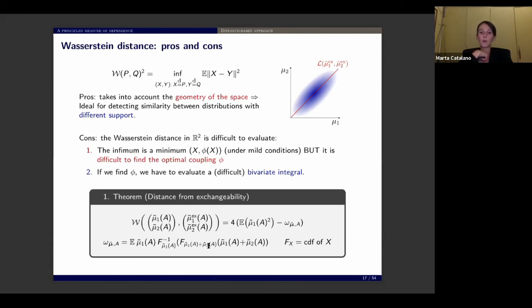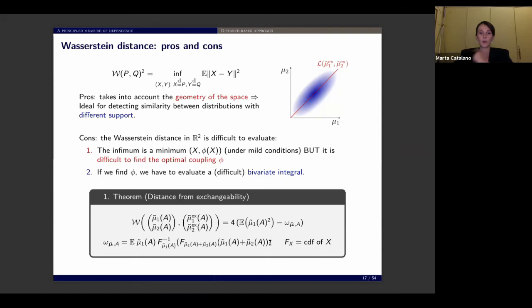For example, we can compute it under independence. But in general, this is too implicit, and in particular, it does not depend explicitly on the Levy measure. And so this prevents a concrete computation of this quantity.